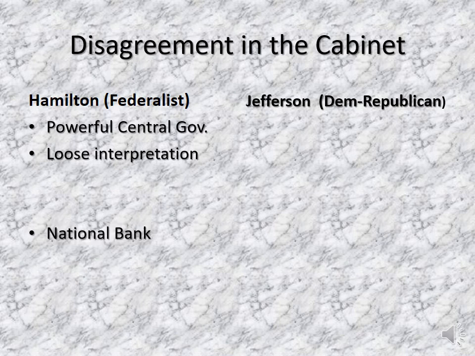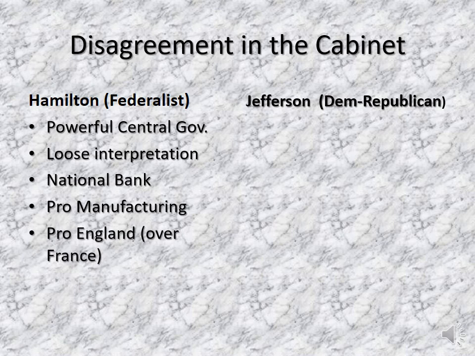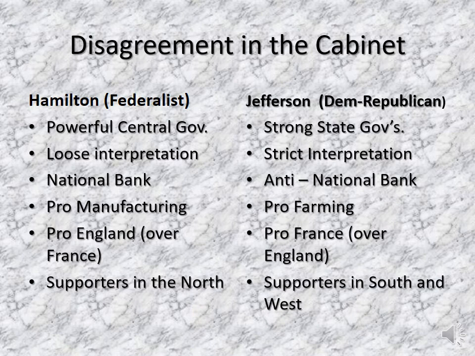So this kind of starts becoming a big problem in the cabinet because there is a disagreement within the cabinet ranks. You have Alexander Hamilton, who I just said was in favor of a national bank. He has backers, or a group called the Federalists, which were very similar to the Federalists that we just talked about with the Constitution.